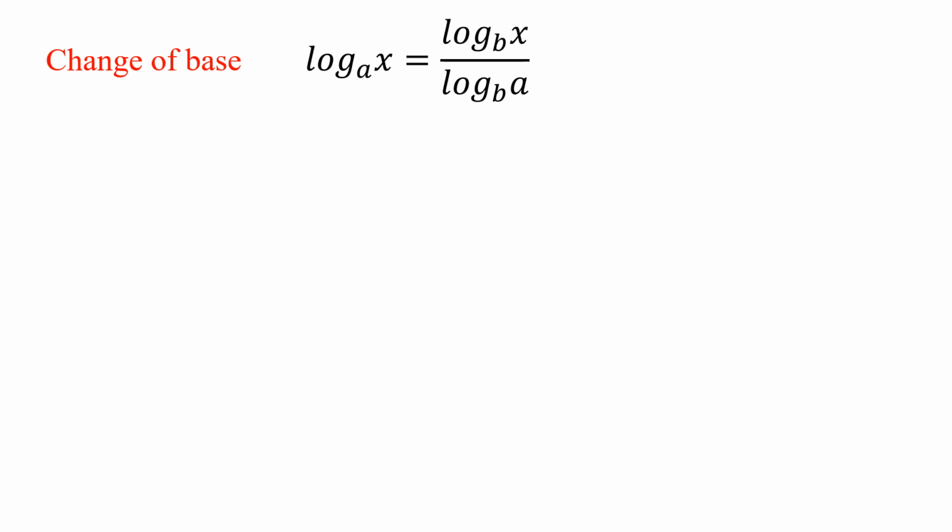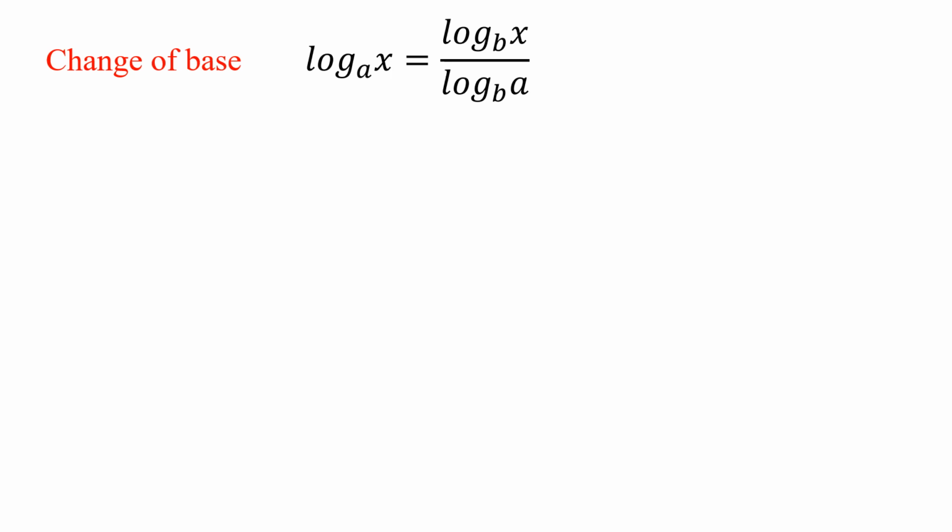So we need to learn how to change whatever base that we are given, like base 2, base 3, base 4. How do we change it to base 10 so that we can use the calculator to help us evaluate the answer, right?